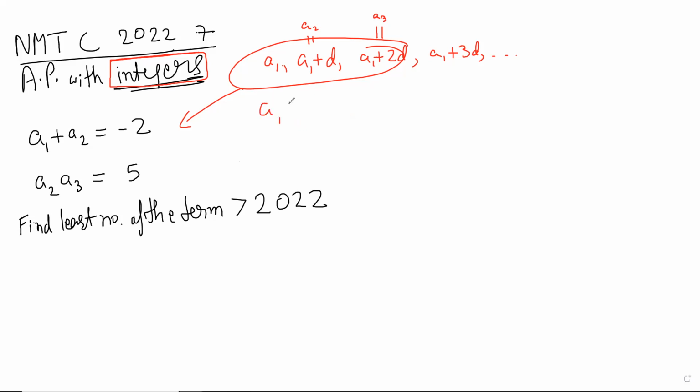So you have found it, right? A1 is -3 and A2 is 1, and so the common difference is 4. Now the question is, when is the first time this becomes more than 2022?